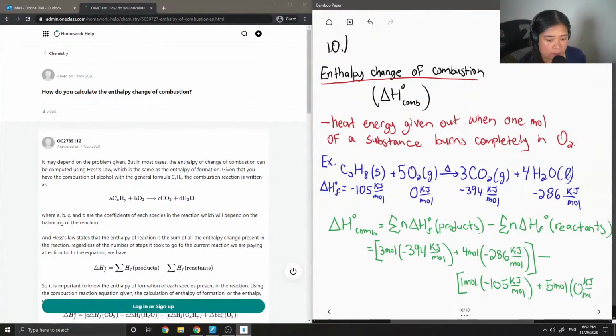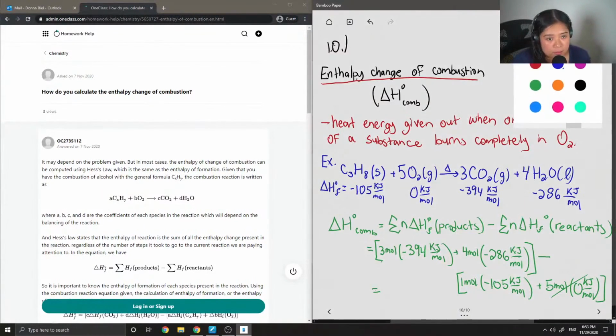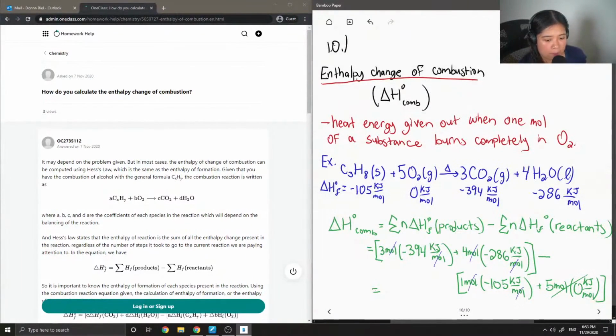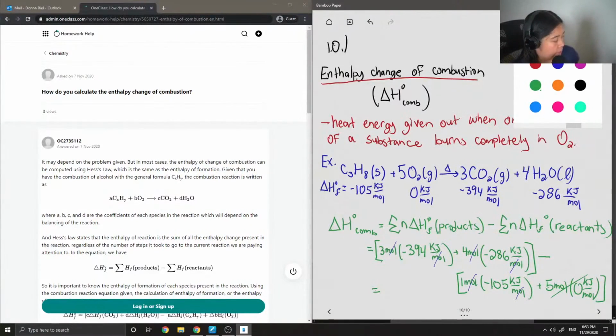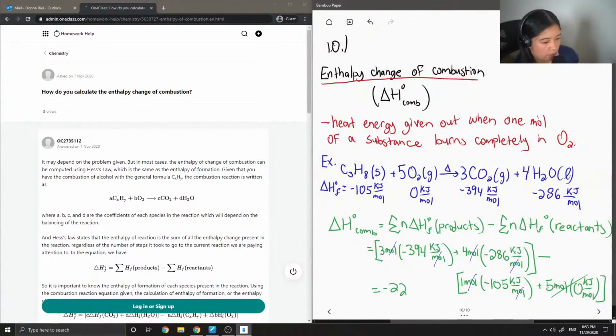So we know that this will just cancel out when we do our final solving of the answer. Okay, so if you were to calculate this whole thing, the units of moles all cancel out, and we get a final value of negative 2,221 kilojoules.